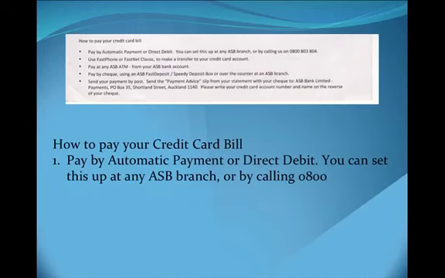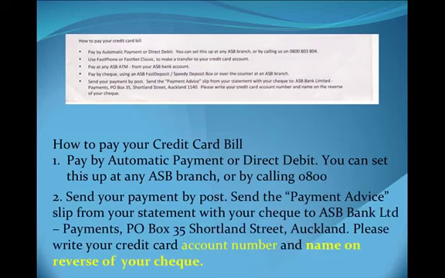And the first part we'll see, I'll make it a bit bigger here so you can see. How to pay your credit card bill. Pay by automatic payment or direct debit. You can set this up at any ASB branch or by calling 0800 blah blah blah. Now the part that we want, send your payment by post. There's the first clue. Payment. If we want to make payment, we must send it by post.